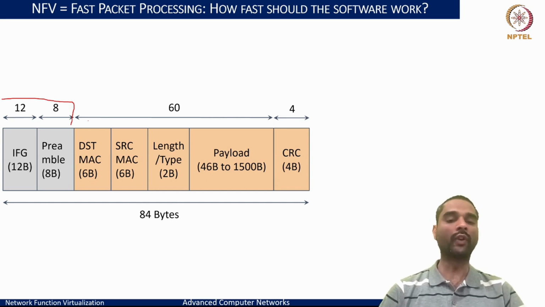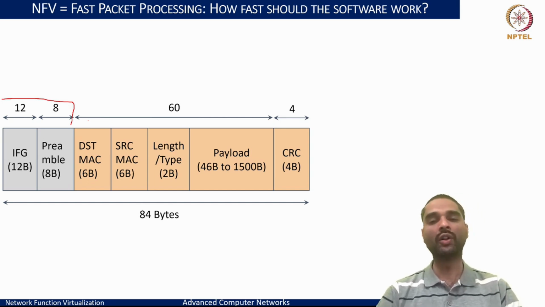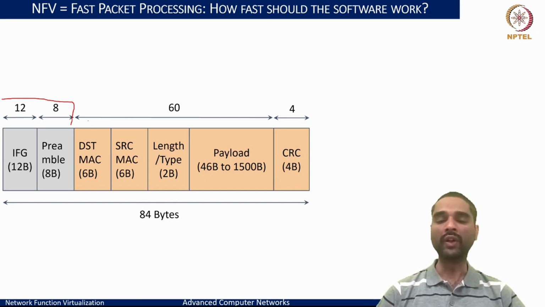So a total of 84 bytes is what gets exchanged when we have this very minimal 64 byte packet that we can exchange at layer 2. So if we take this as a layer 2 packet, that is 64 byte information at layer 2, exchanged over a link with a total of 84 bytes.